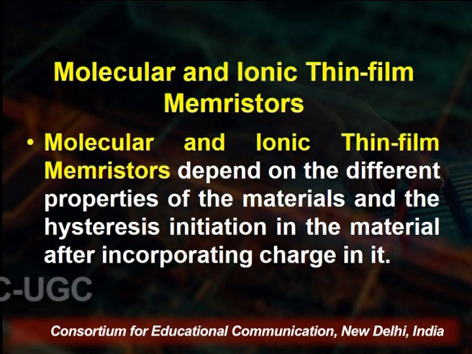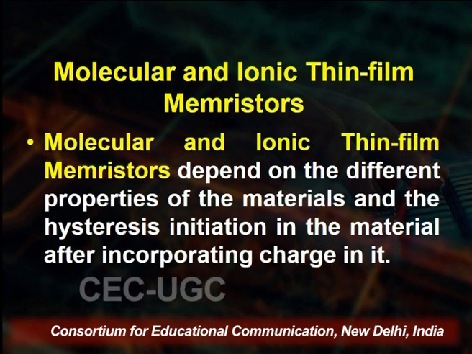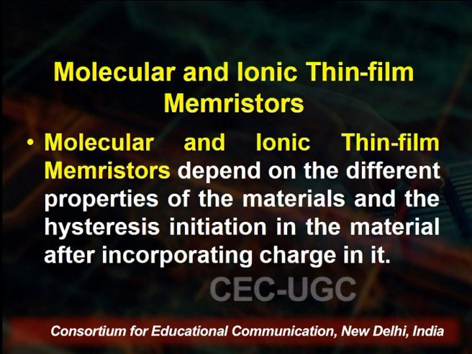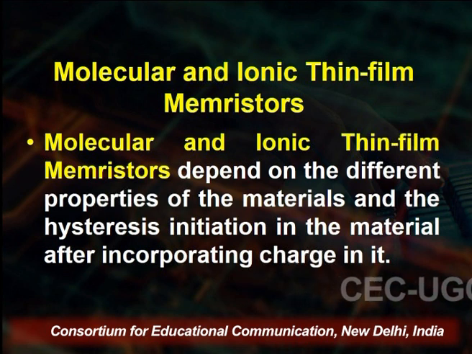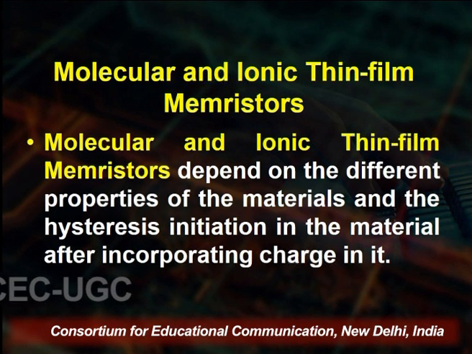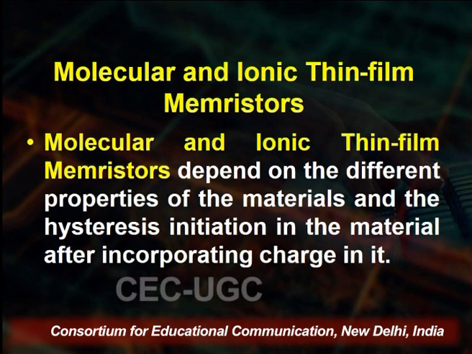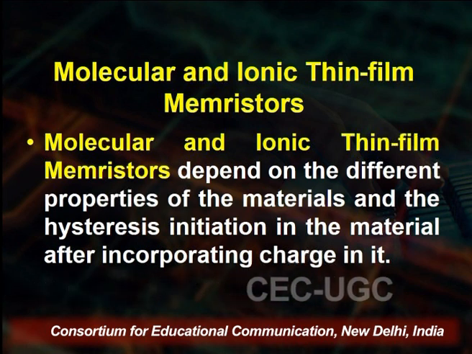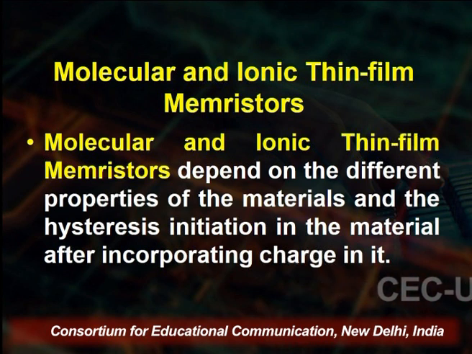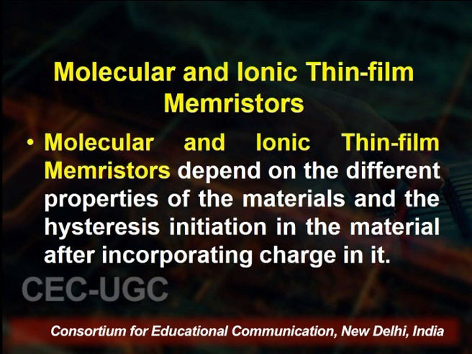Molecular and ionic thin film memristors depend on the different properties of the material and the hysteresis initiation in the material after incorporating a change in it, like titanium dioxide.